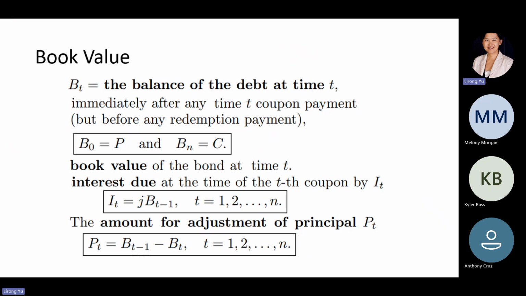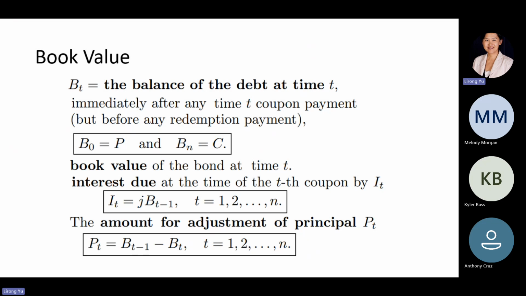It really relates to the relation between P and C. If we talk about premium and discount, if P is higher than C, then the bond is sold at a premium. So your book value function Bt would be a decreasing function.